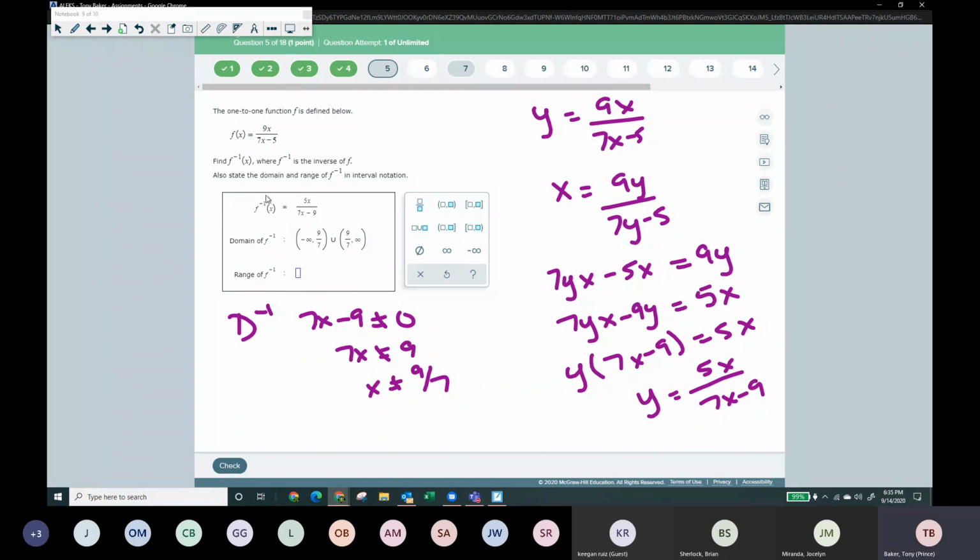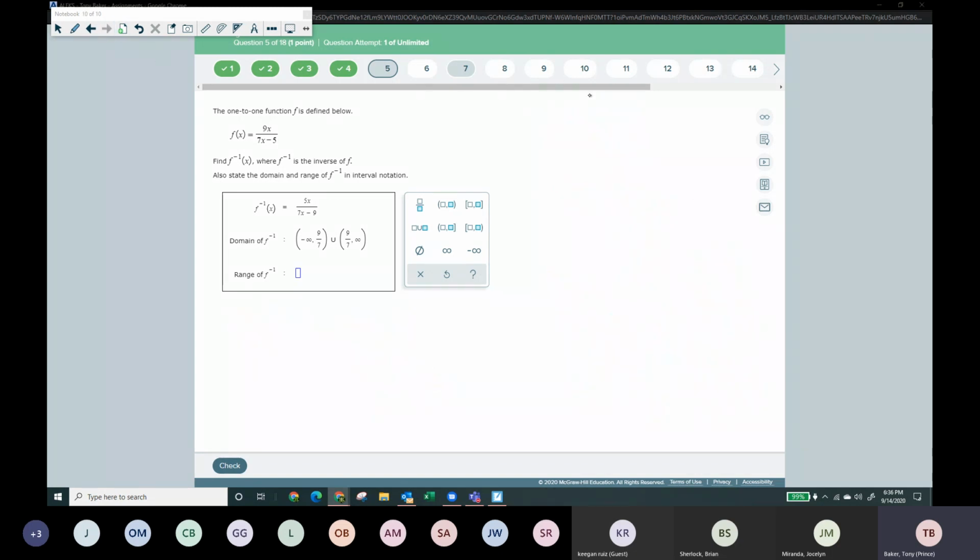Now, the range of your inverse, based on what we've been talking about, is the domain of my original function. So instead of going back and trying to find the range of this function here, I can just find the domain of my original function. Again, all I really have to look at is the bottom.